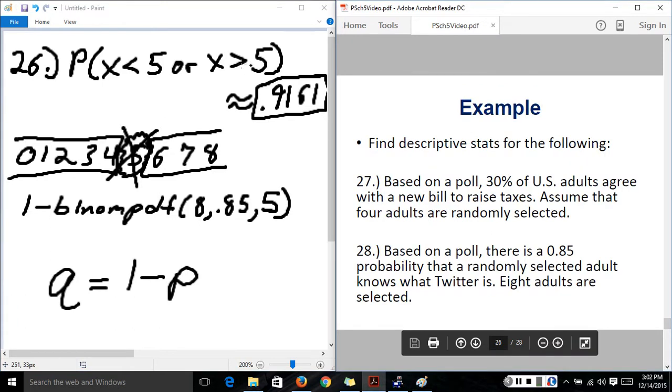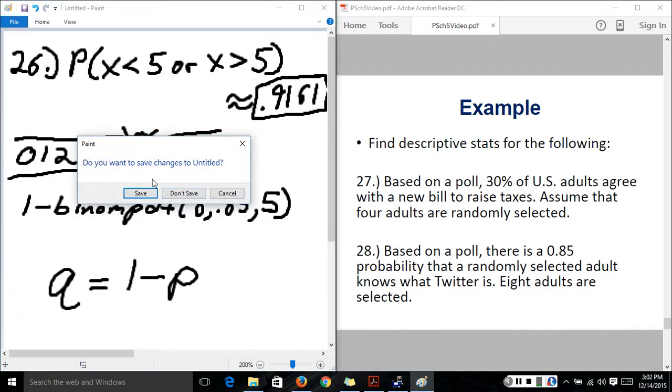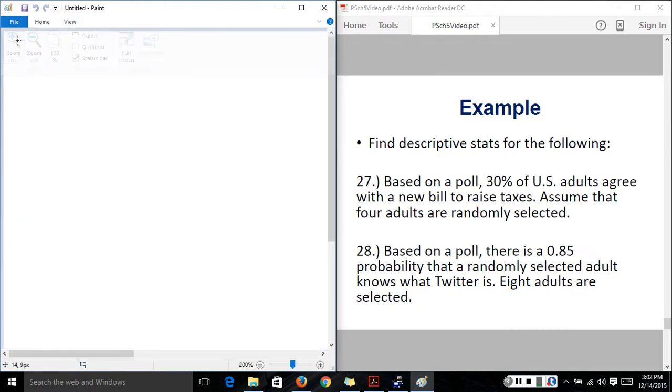Let's do a few of these problems. Number 27. Let's find the descriptive statistics for this scenario.